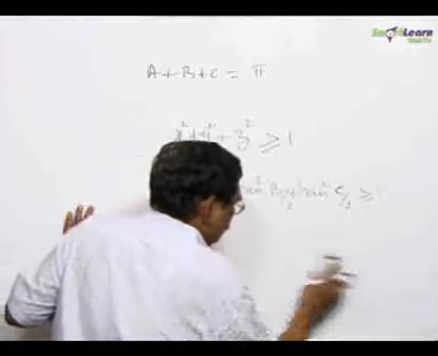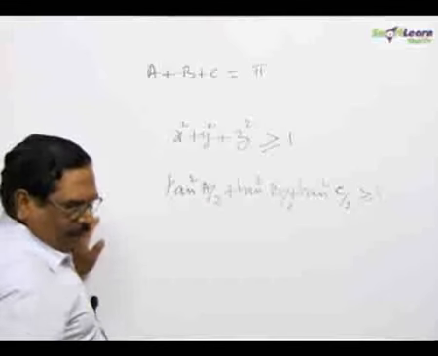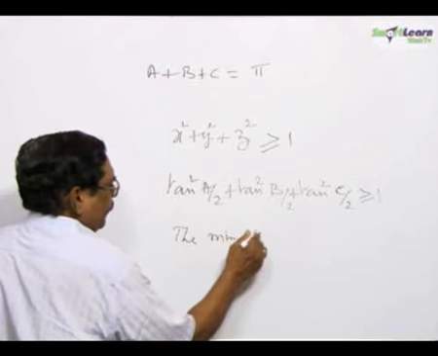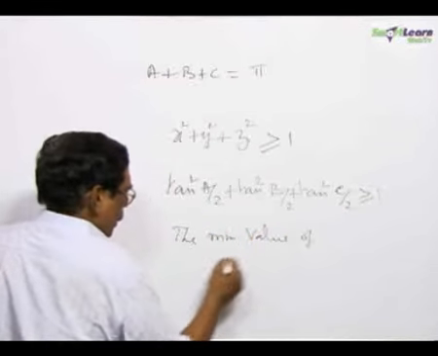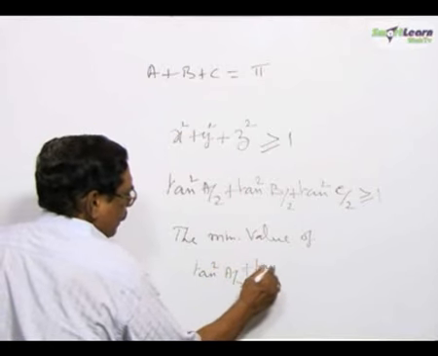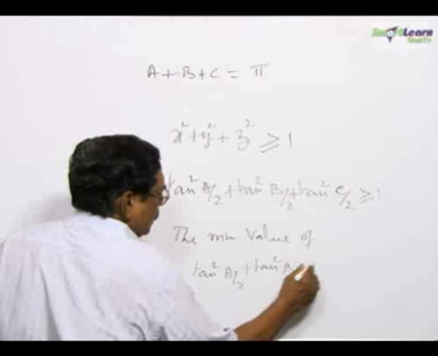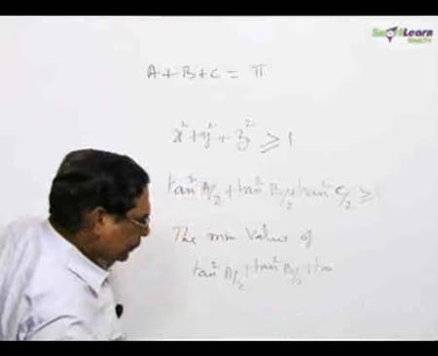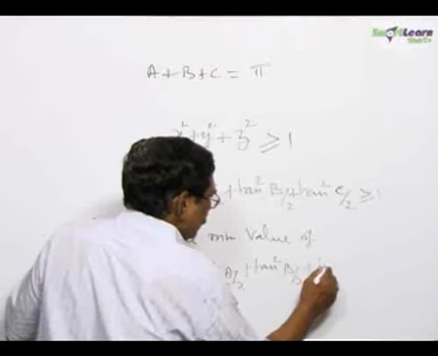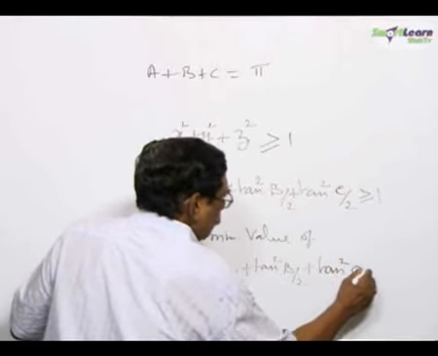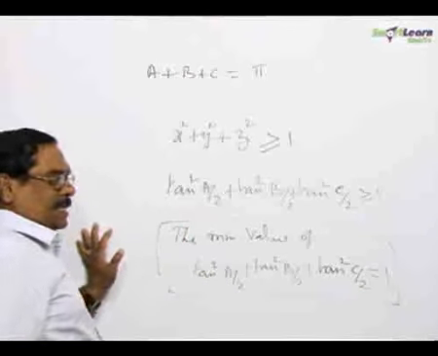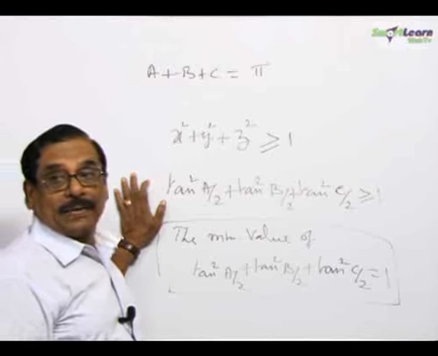Therefore, the minimum value of tan squared A by 2 plus tan squared B by 2 plus tan squared C by 2 is equal to 1. And this is another important problem which was asked in the competitive examinations.